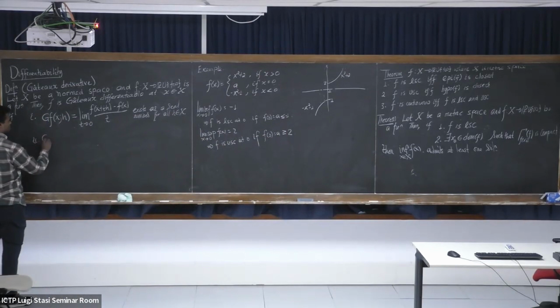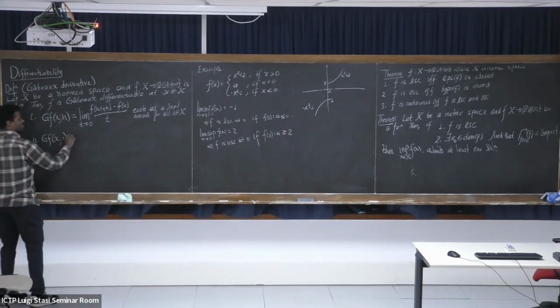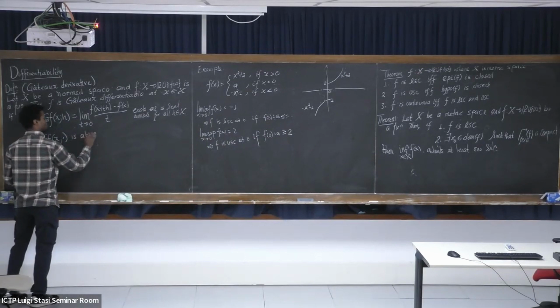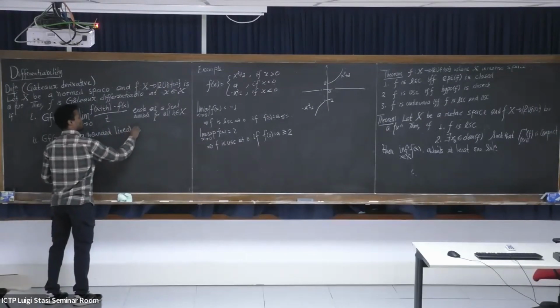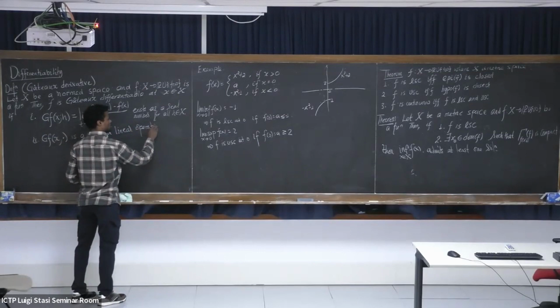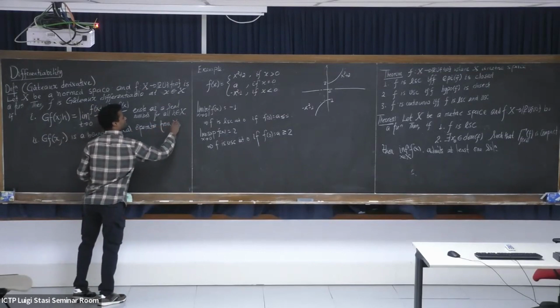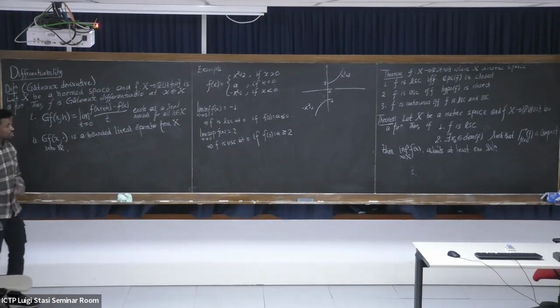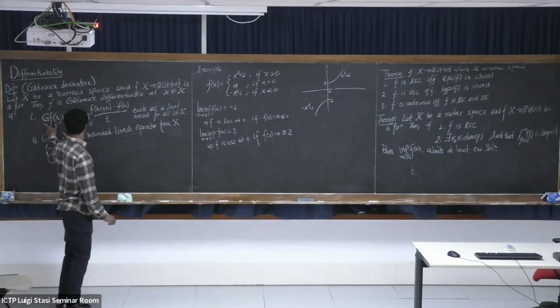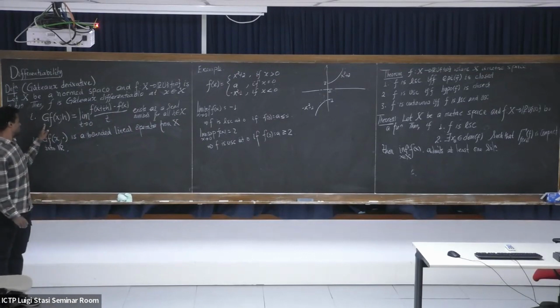Two, this should be a bounded linear operator from X into R. This value should exist as a real number, and this should be the mapping which maps X into R.